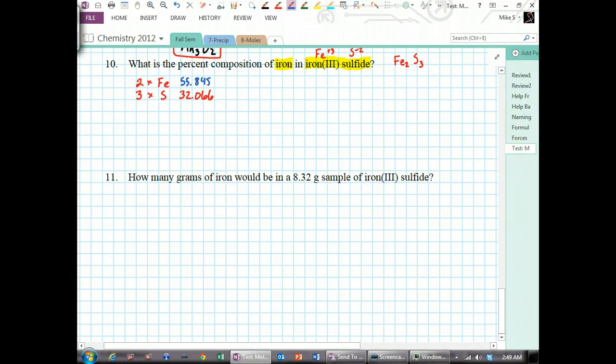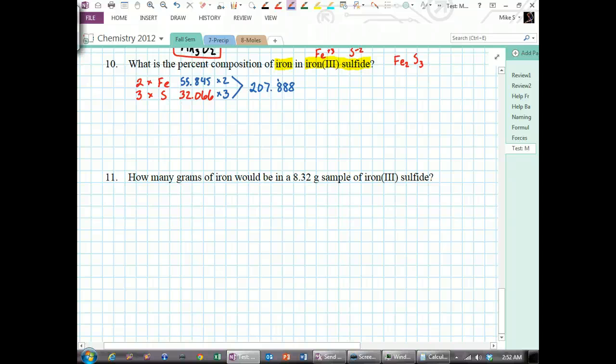So you add all those up, 2 of the irons and 3 of the sulfurs, and you end up getting a molar mass of 207.888 grams per mole. Now that's the weight of all of the compound, so the 2 irons and 3 sulfurs.